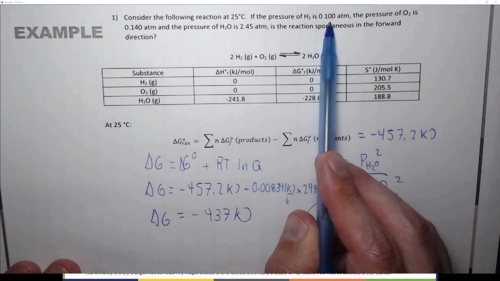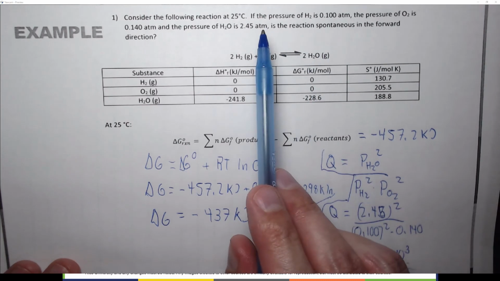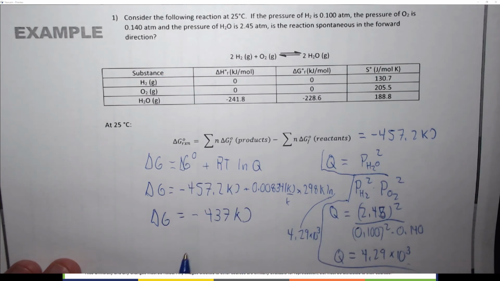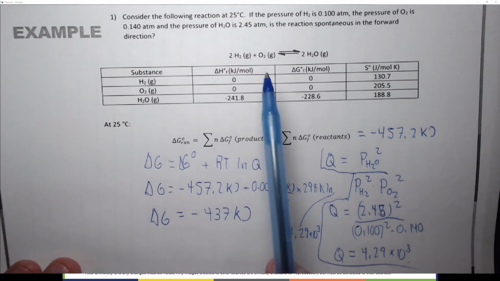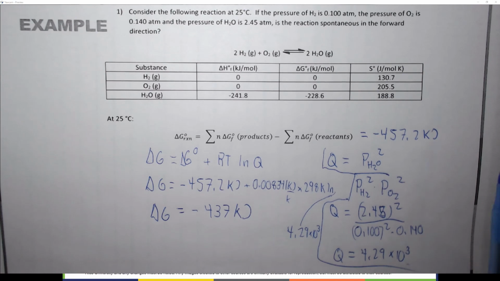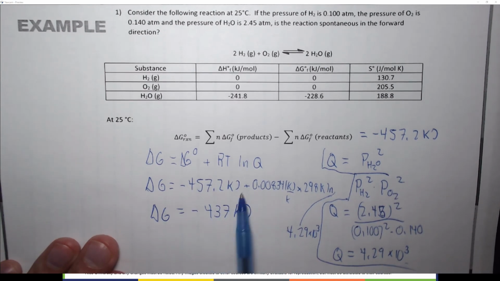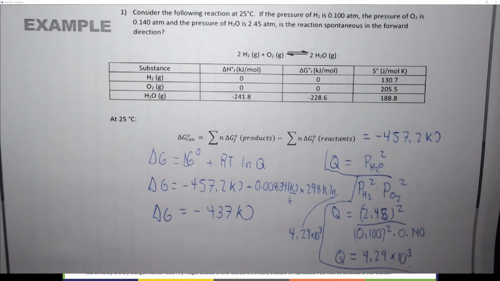Somewhere around 25 times higher than the pressure of hydrogen and oxygen, the reaction is still spontaneous to form more water. Again, this has to do with, just like the temperature effect, this is a massively exothermic reaction. The delta H is very negative, a very large negative number.